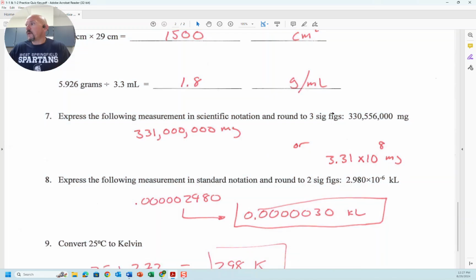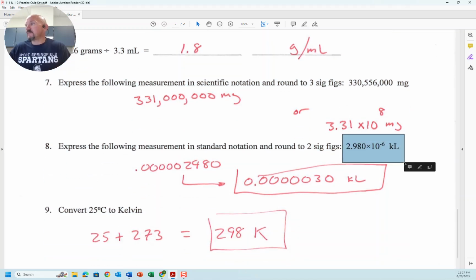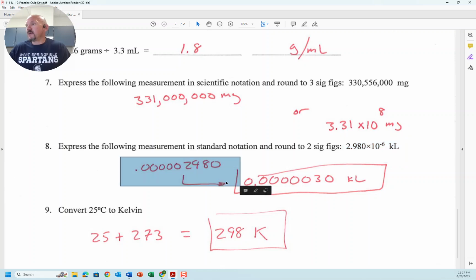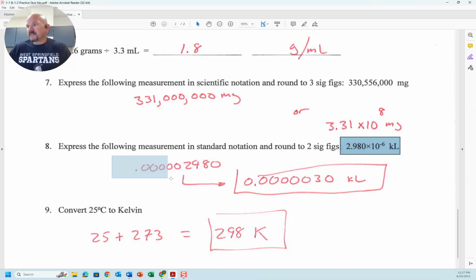Okay. And this one, we're taking it out of scientific notation, and we're putting it into standard notation, but then we're rounding it to 2 sig digs. So I took this number, I took it out of scientific notation, and right now it has 4 sig digs here, it still has 4 sig digs, but now I got to round that to 2 sig digs.